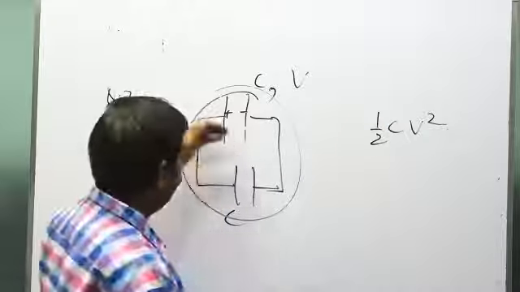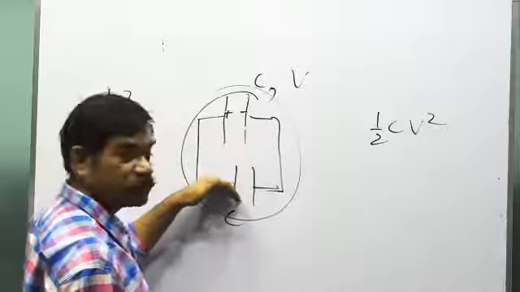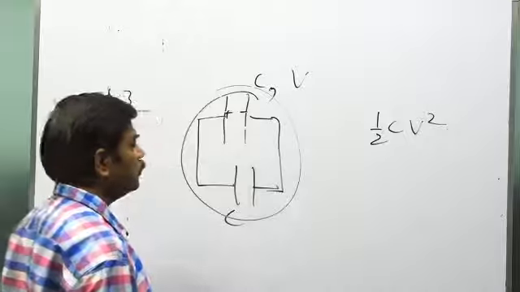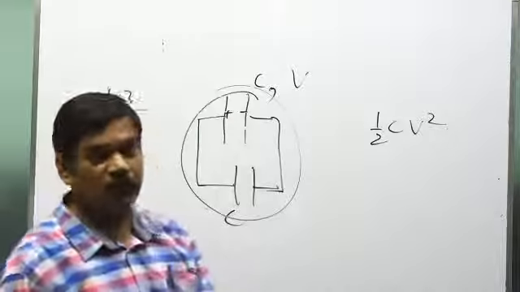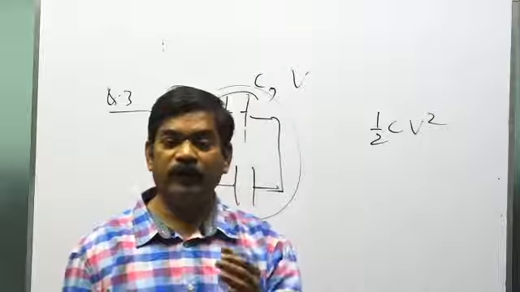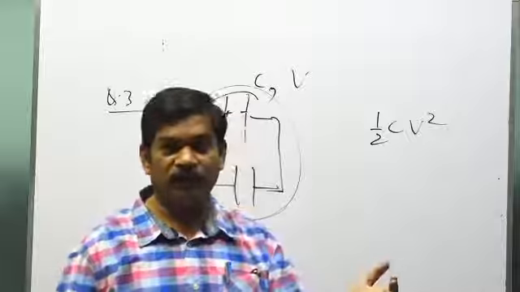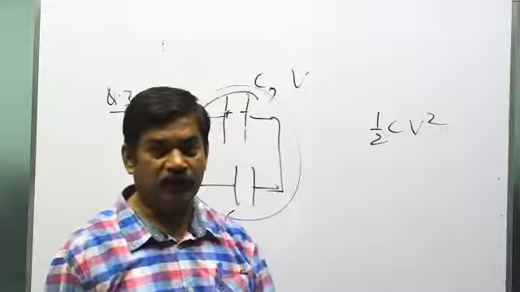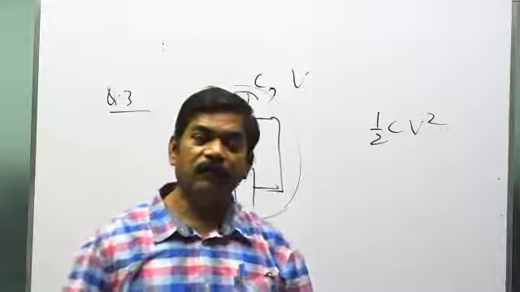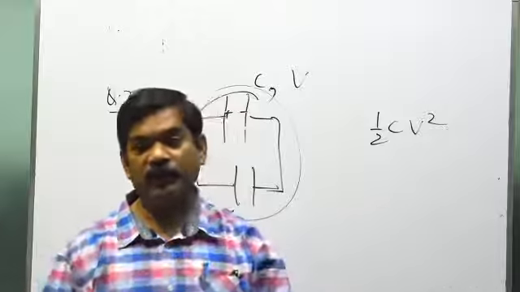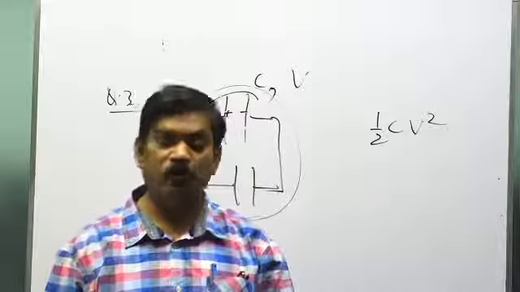Now we have to calculate the final energy of the system. To avoid unnecessary calculation, which will increase your speed, remember that when nothing is connected from outside, the total charge of the system remains constant.